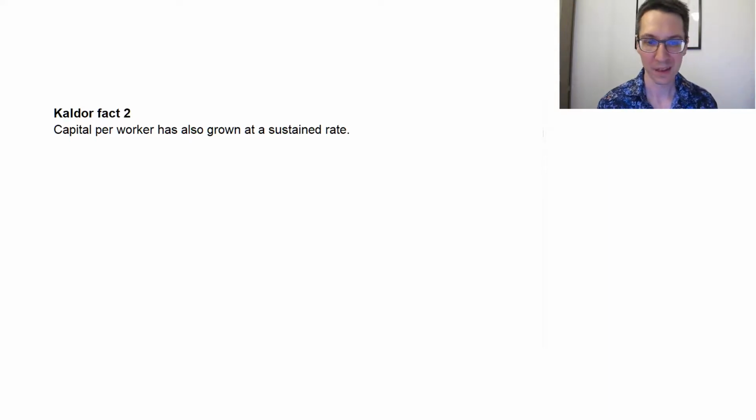So let's just start with stating what it is. Capital per worker, its growth is g of small k, capital per worker, and then of course we care about this in the balanced growth path. So think about it for a while. I'm not going to give you the answer right away.